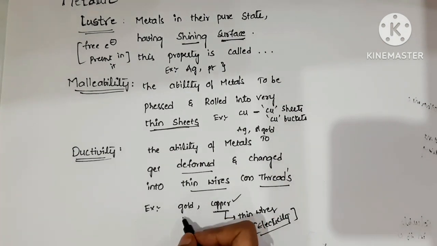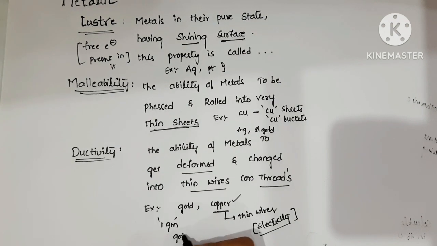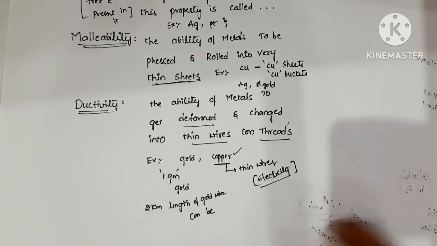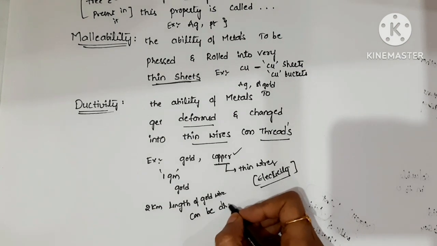Coming to gold, gold is trending now, right? From 1 gram of gold, 2 kilometers length of gold wire can be drawn.